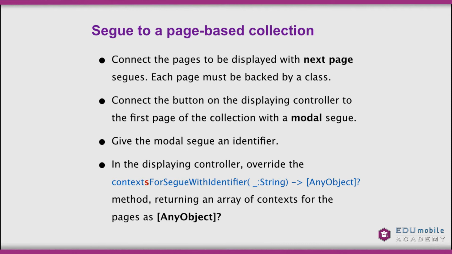The array of contexts will be mapped to the pages in the same order that the pages are in your Interface Builder storyboard. That means that the number of contexts that you return in this array of AnyObject must be the same as the number of interface controllers in your page-based collection. If they're off, you crash. That's bad. Don't do it.